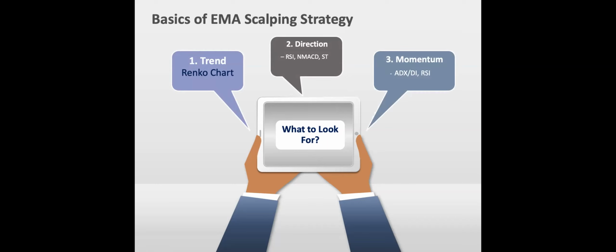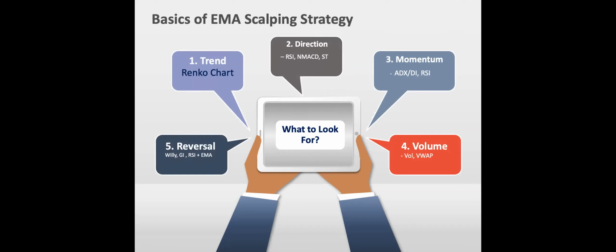Third is momentum using ADX, DI, or RSI. Volume, you need to look for volume. You have the volume indicator there, and VWAP also can help you with the direction. Finally, the reversal, which we are using extensively in this strategy with GI, RSI, and RSI EMA. So these are the 5 key elements of this scalping strategy: trend, direction, momentum, volume, and reversal.